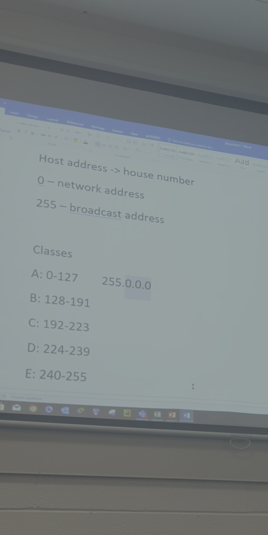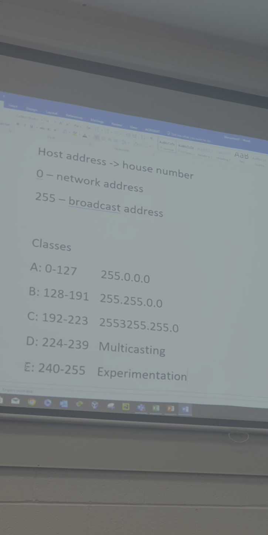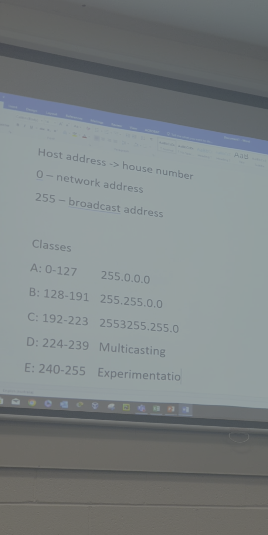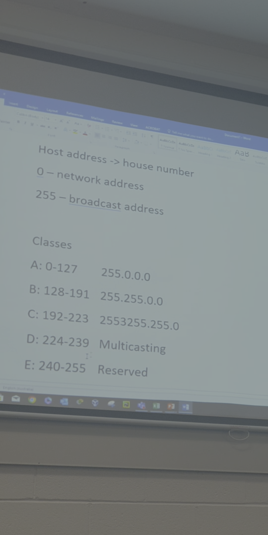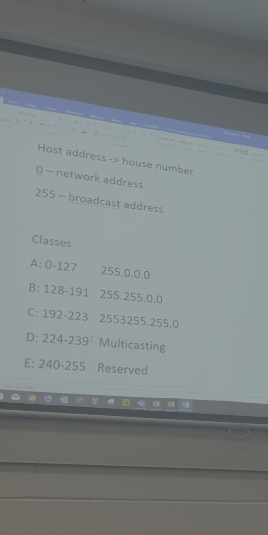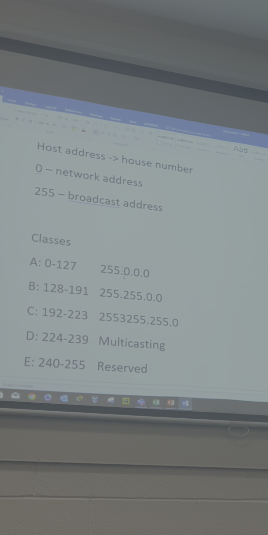And this one, in their wisdom, they reserved for experimentation. You'll either see it as E for experimentation, or you'll see it just says reserved. Okay, reserved for future use. So you can think of it as experimentation or reserved, but you can't use any of those. These you have to use a specific way, and then over here we've got the more general usable addresses.